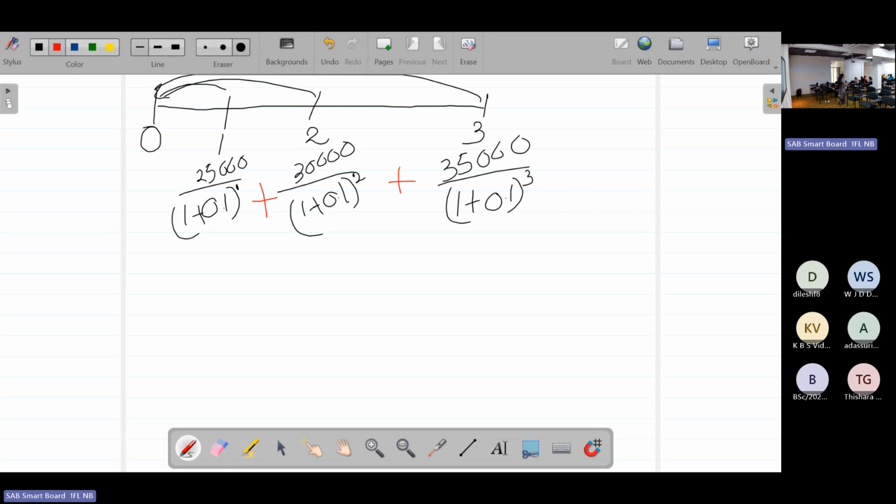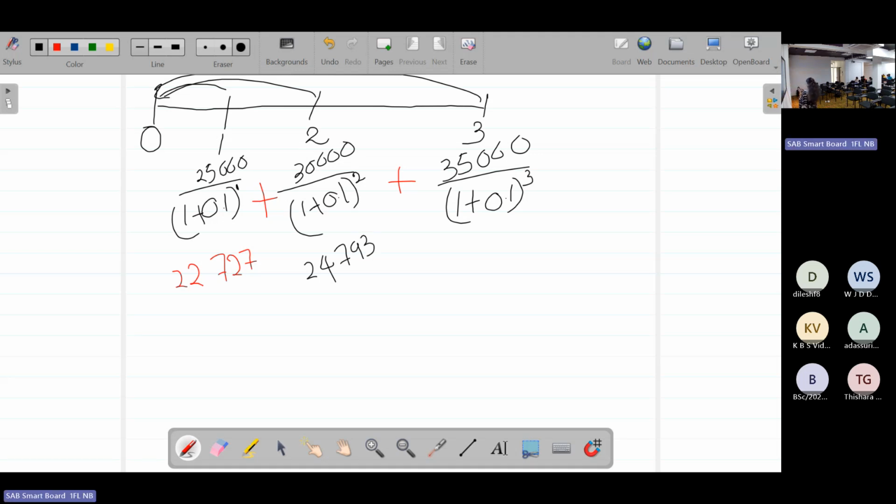Next week, all the same, huh? 25,000 divided by 1 plus R, 0.1 to the power 1. It is 22,727. Next one, 30,000 divided by 1 plus R 0.1 to the power 2. That is 24,793.